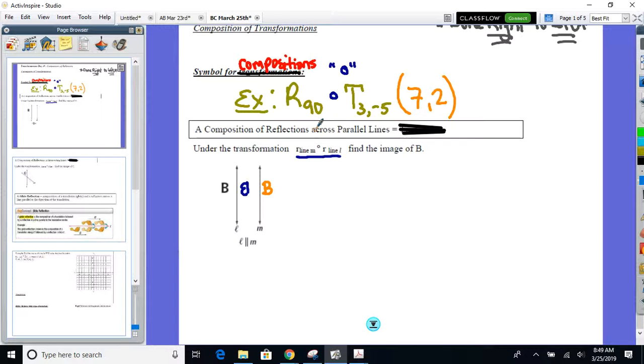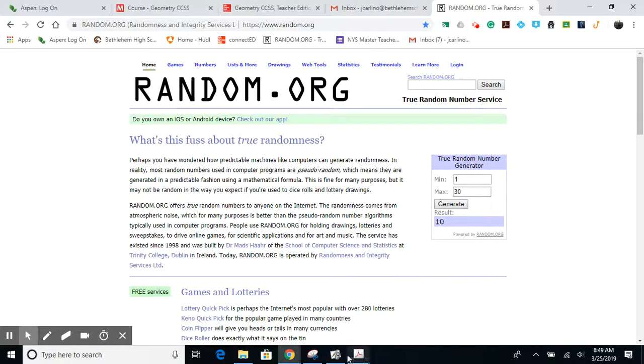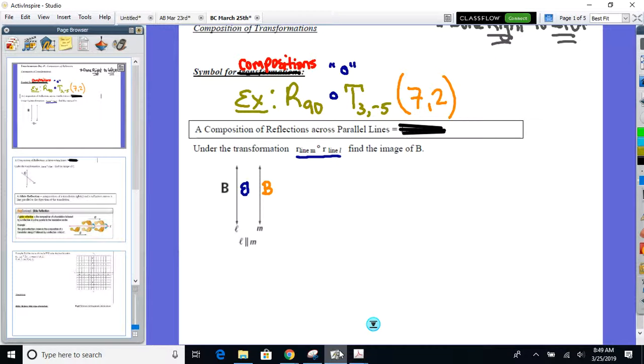What single transformation could I have performed to go from this B to this B? I did two reflections. What single transformation could I have done to go from this B to here? Just a translation.